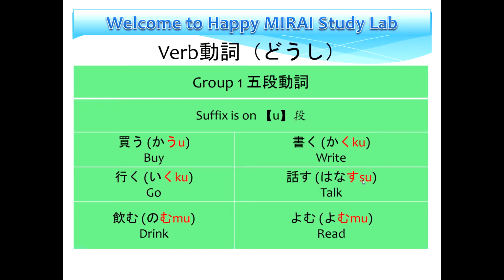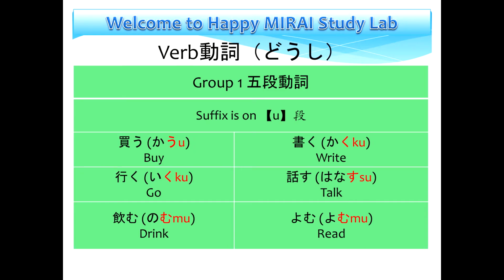The next one, hanasu, talk: su, u. And nomu, drink: mu, u. Ends on the u. And the last one, yomu, read. You see, all the verbs here end with the suffix on the Udan.